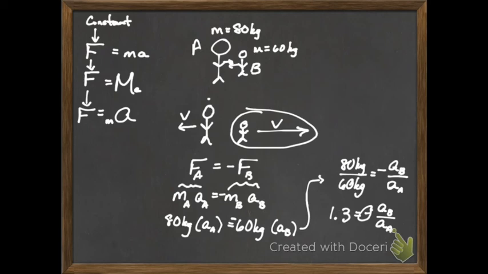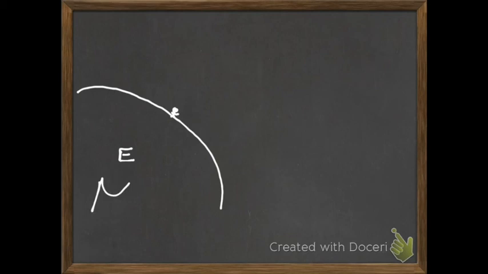So let's try another example. In this example, we have the Earth. And then you are standing on the surface of the Earth. Now, if we want to know the mass, the mass of the Earth is really big.